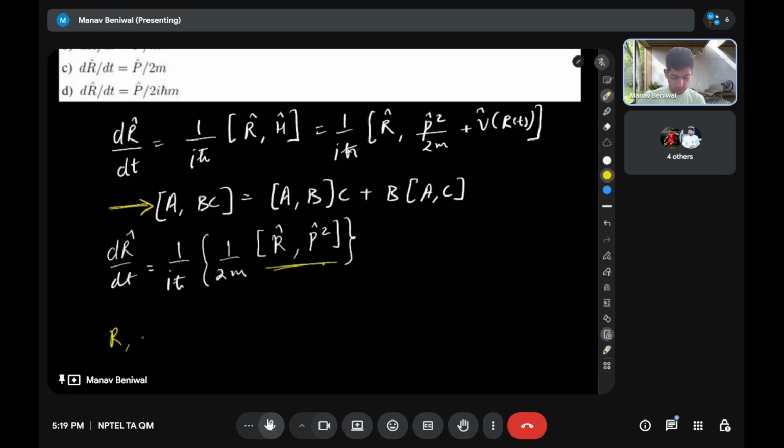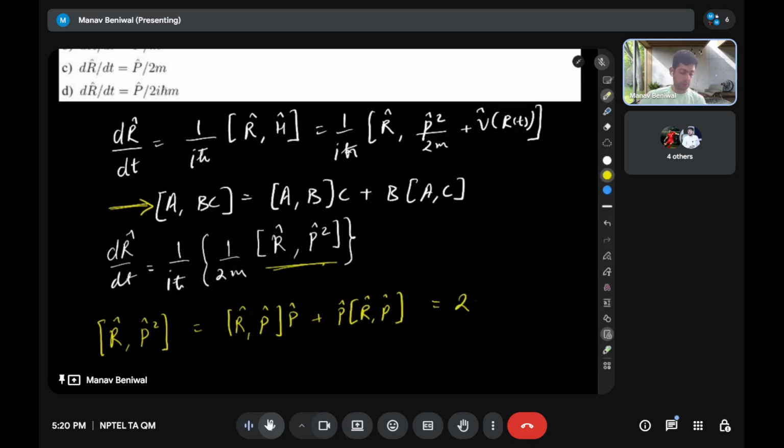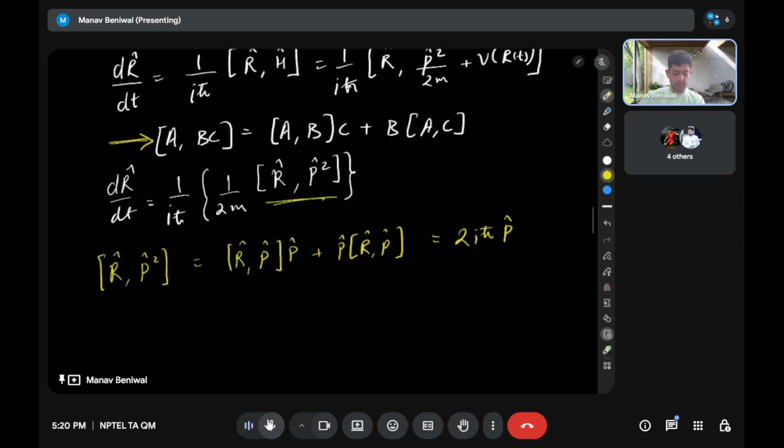We have already done this one before, but anyway let's do it again. So r comma p squared becomes r comma p times p plus p times r comma p. This is iota h cut and this is also iota h cut, so this becomes 2 times iota h cut p. Now we can substitute this back.